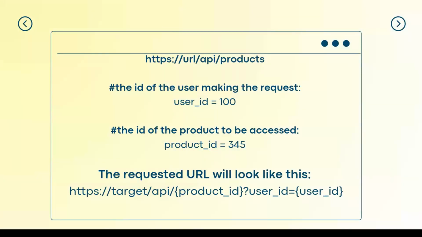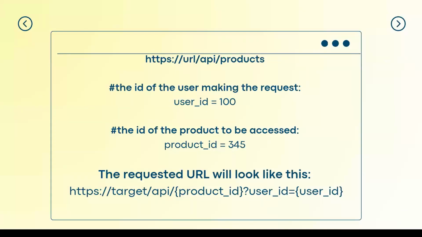Let's say we have an API endpoint here, URL/API/products, and then you have the user ID. Let's say user A's ID is 100. All users on a particular platform have a unique ID.